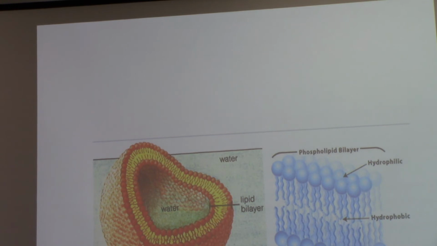Okay, so it has an encapsulation, and the encapsulation is formed by this phospholipid bilayer. Inside that water is where all the cell activity takes place. And on the outside is what's happening on the outside. And they're separate from each other.